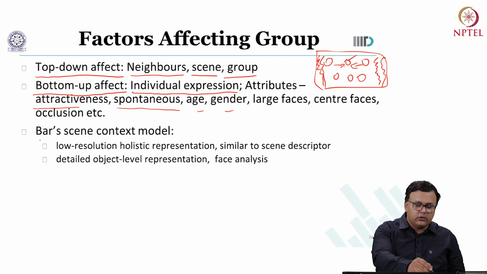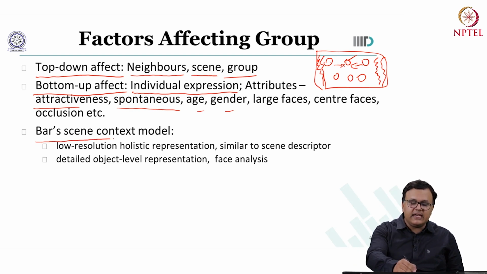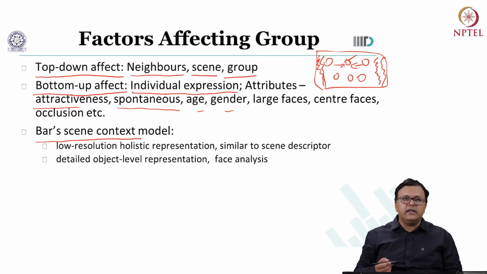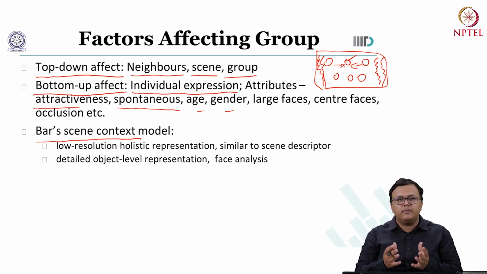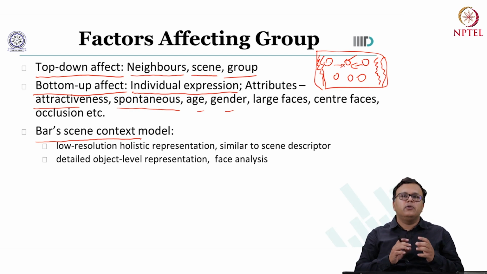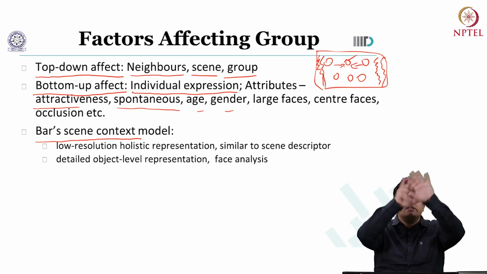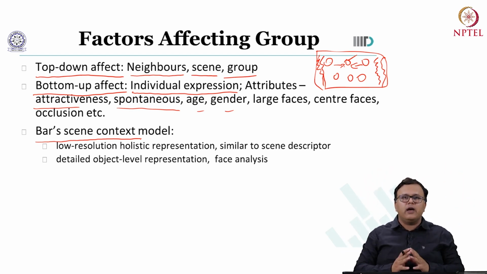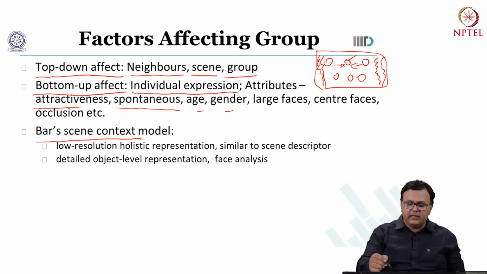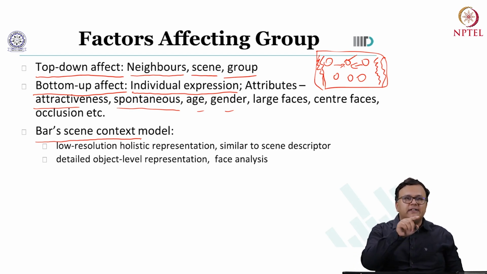Now, this is also somewhat in sync with Bar's scene context model, which proposed that when we look at a particular scene, we would do a very low resolution quick scan of that scene. So, it gives us the holistic picture of what you have in front of you. Once we have done that, we will pinpoint a region of interest and we will fixate on that.